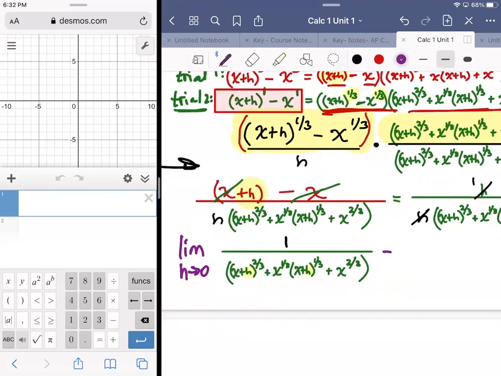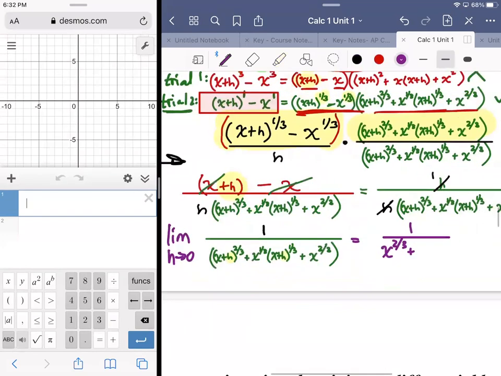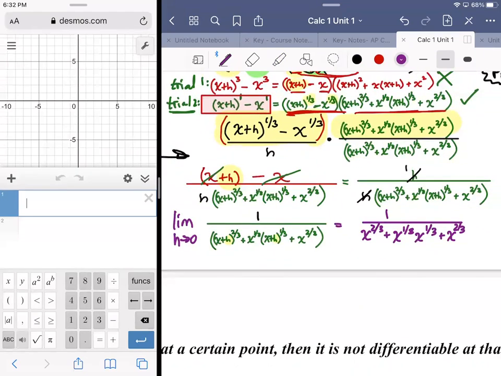And so we would be looking at now 1 over x to the 2/3 plus x to the 1/3 times another x to the 1/3 plus x to the 2/3, which when you look at the middle one there, that's really just, keep the base and add the exponents.